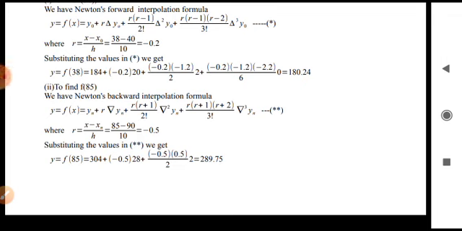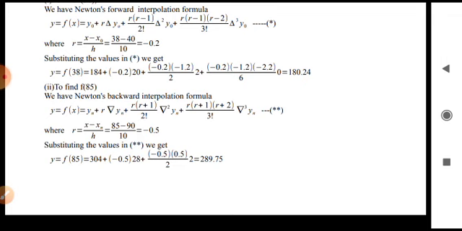To find f of 85, we have to use Newton's backward interpolation formula, which is given by y equal to f of x, which is equal to yn plus r times del yn plus r into r plus 1 by 2 factorial multiplied by del square yn plus r into r plus 1 into r plus 2 whole divided by 3 factorial multiplied by del cube yn.